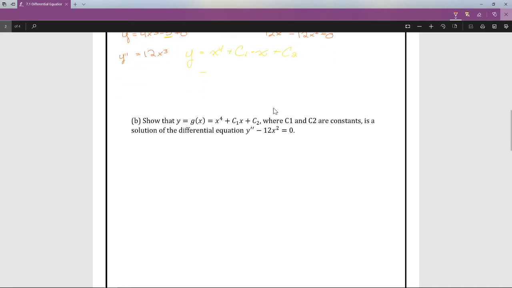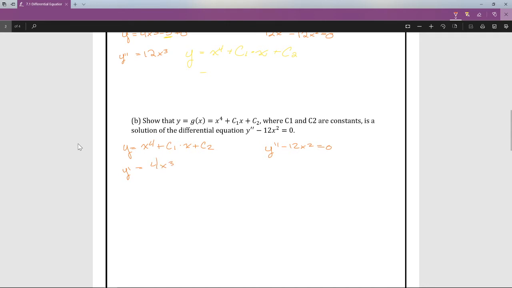Okay, example B says show that y equals, and here you see they don't give you a number, they just tell you a constant, that y equals x to the fourth plus c1x plus c2, where c1 and c2 are constants, is a solution to the differential equation. And here we see this is the same differential equation as the last problem. So again, you're going to find the derivative.